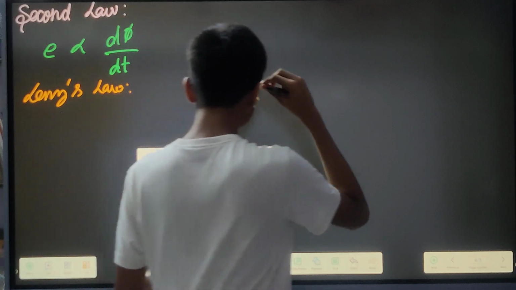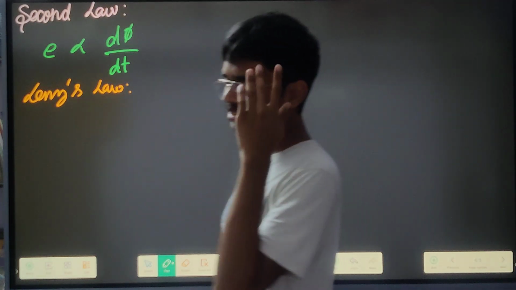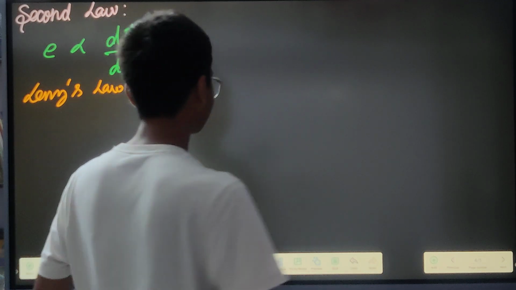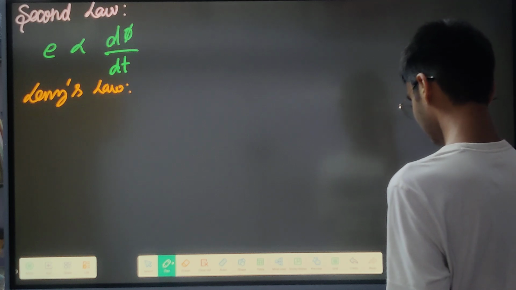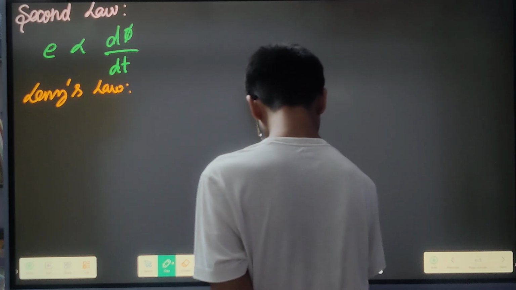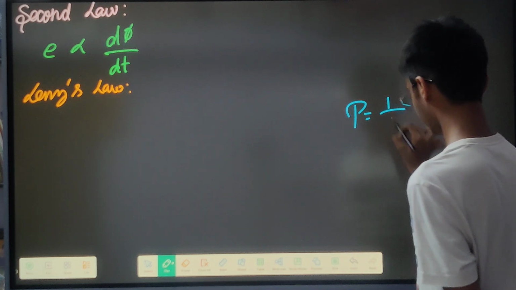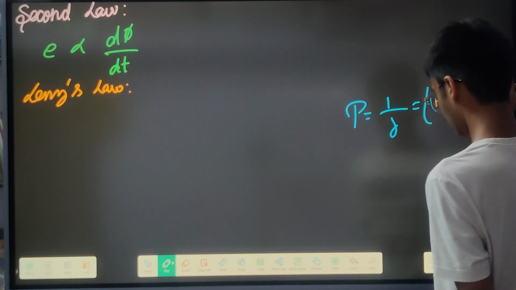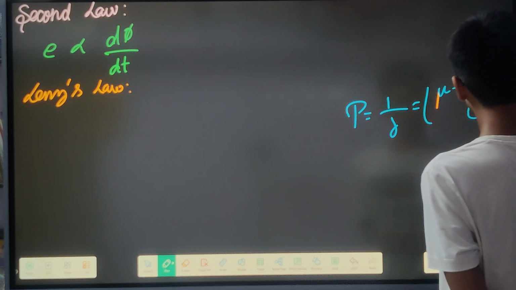By the way, please do not confuse this Lenz's law with that Lenz's law. In what lesson is that? In ray optics, we will be studying the lens law, which is P is equal to 1 by F, which is equal to mu minus 1 into 1 by R1 minus 1 by R2.